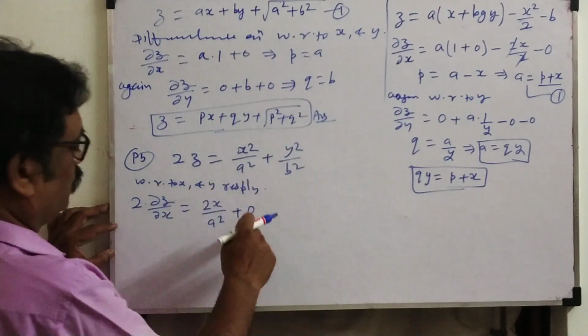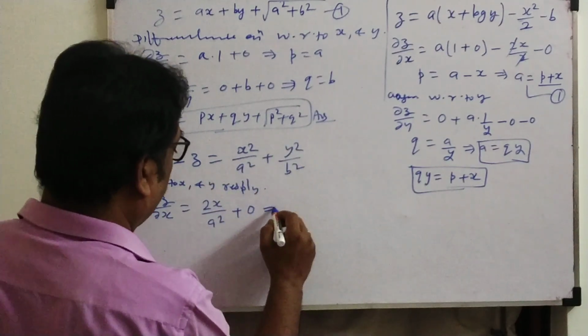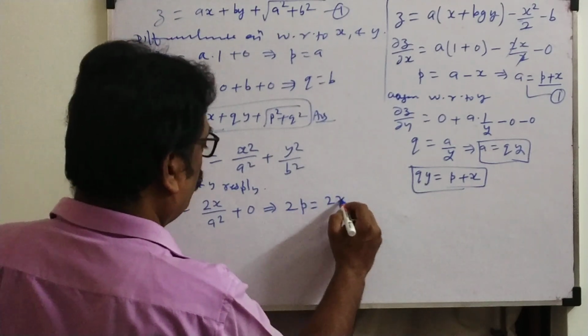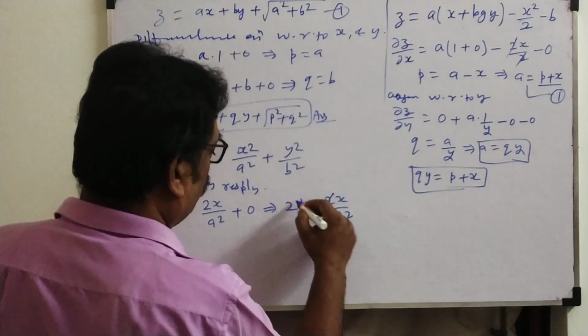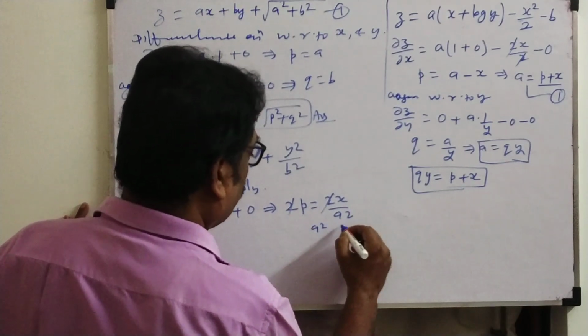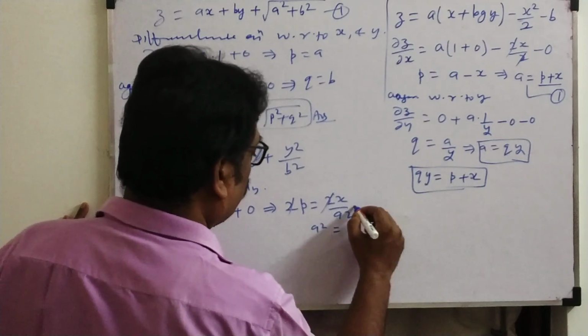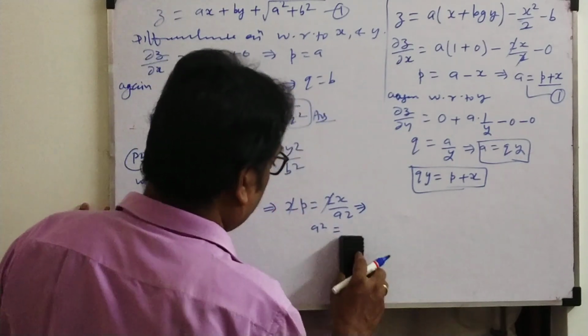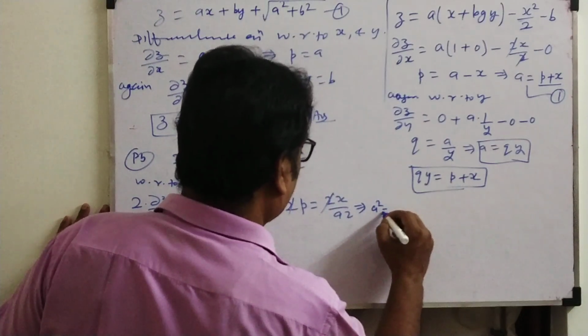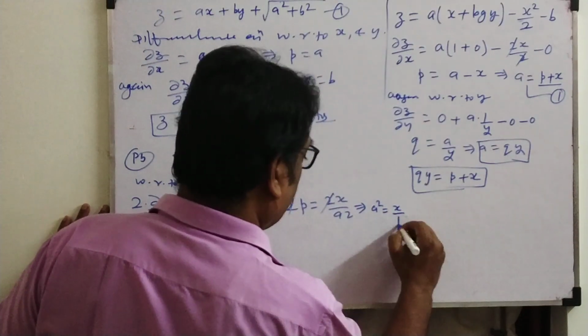No x term, so 0. So what can we write here finally? 2p equal to 2x by a square. 2 gets cancelled. So what are we getting? That implies a square equal to x by p. A square equal to x by p will come here.